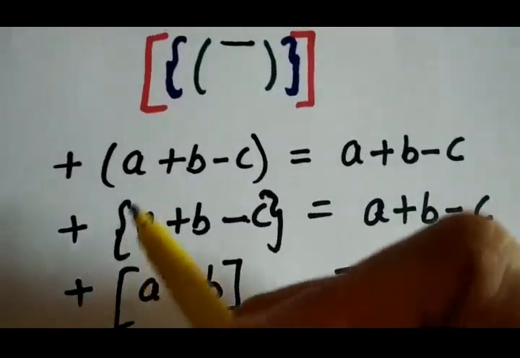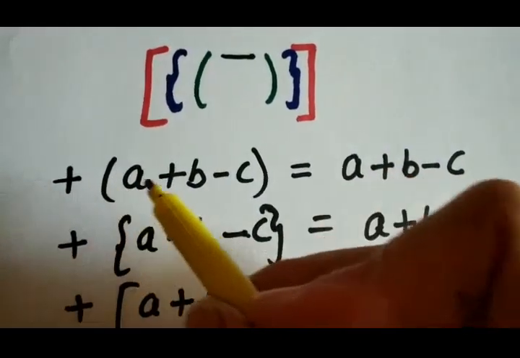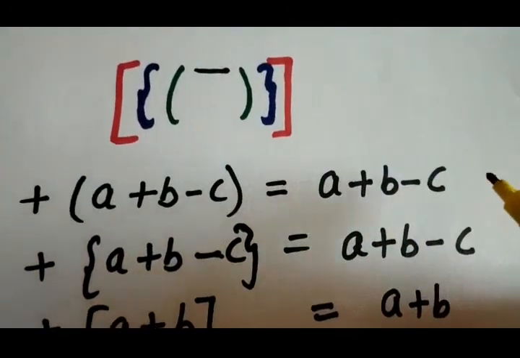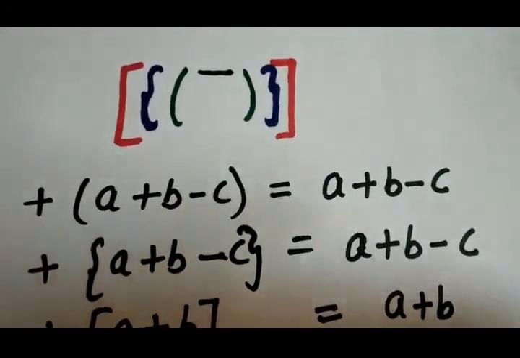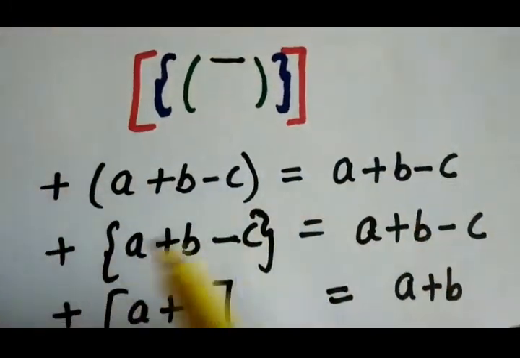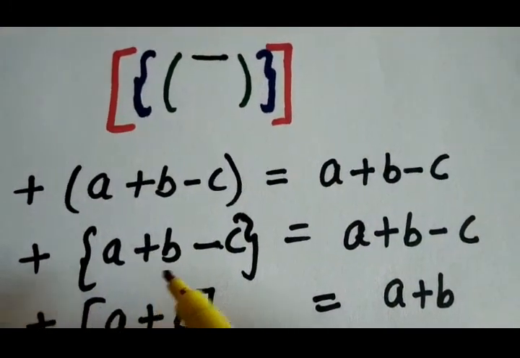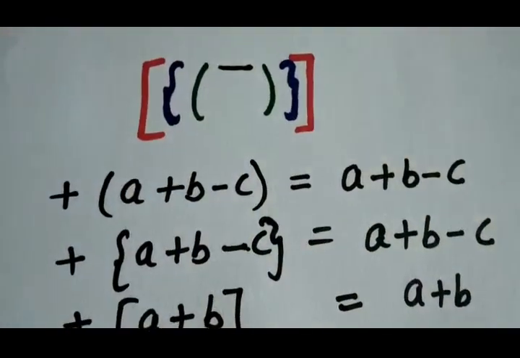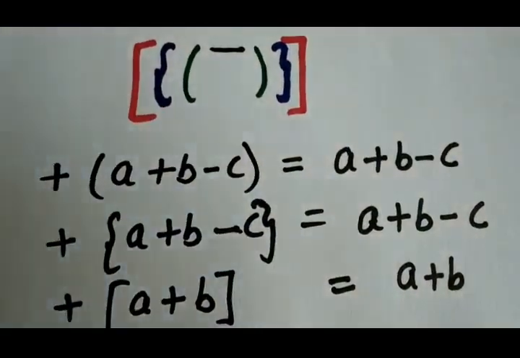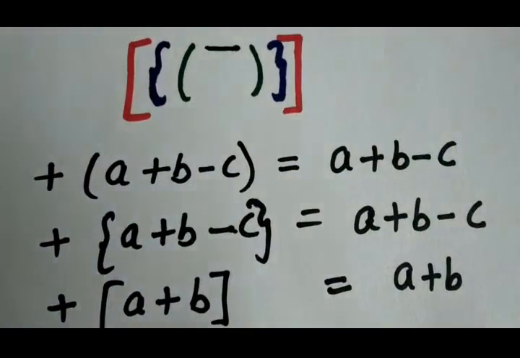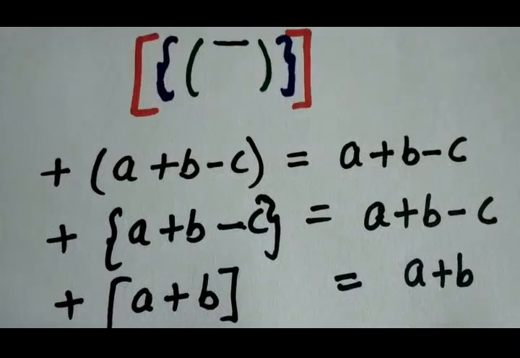Suppose here is a plus sign outside this small bracket, then the expression remains same, all the signs remain same. So a plus b minus c remains same. If there is a plus sign outside this curly bracket, then in the same way, for any bracket, if there is a plus sign outside that bracket, there will be no change in the signs of every term inside the bracket.